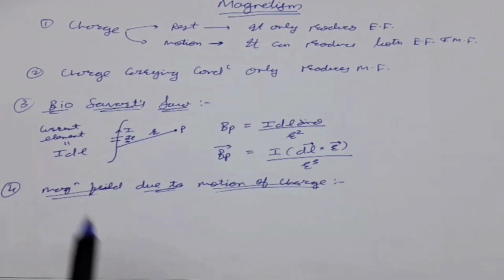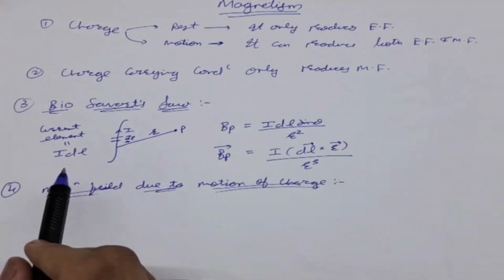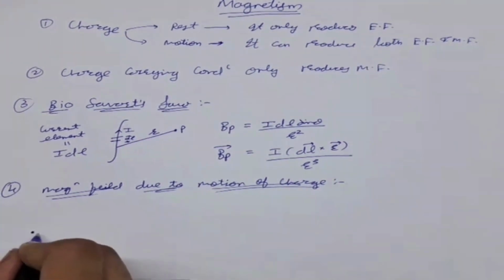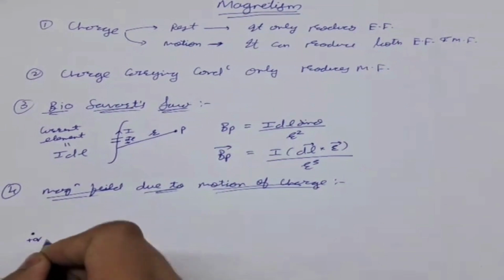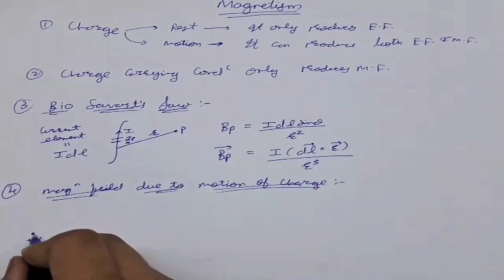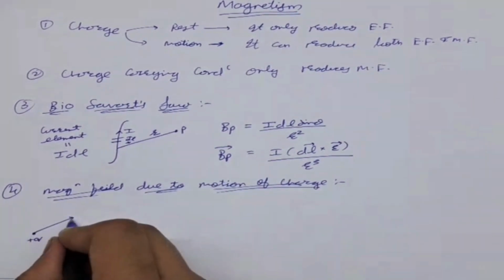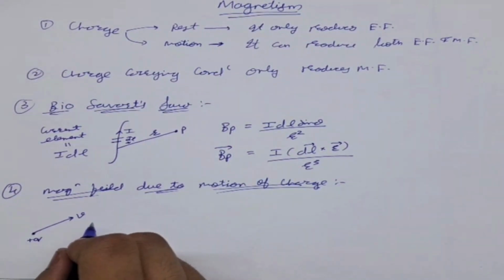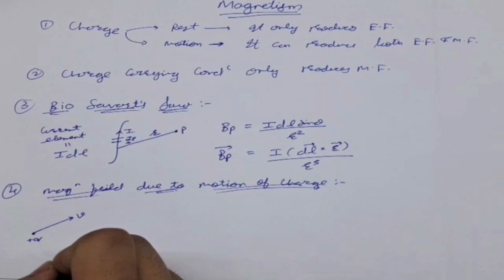As you can see, the current element in the previous situation is defined as I dl. But in the case of a charge q, let's consider a positive charge +q, which is moving at a velocity v.